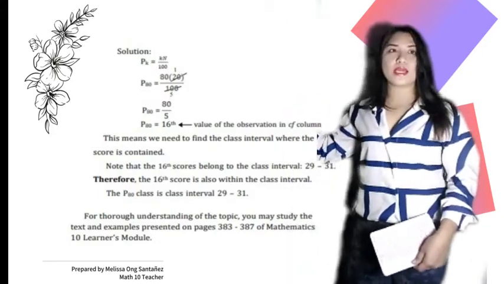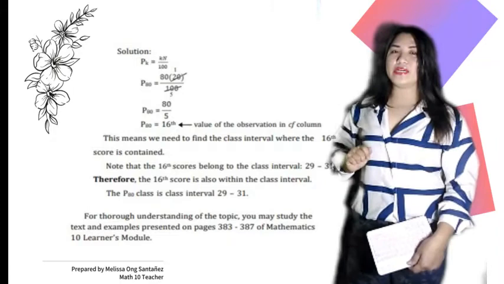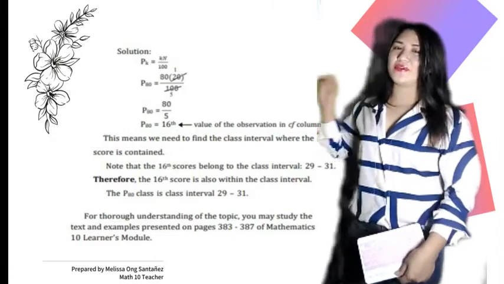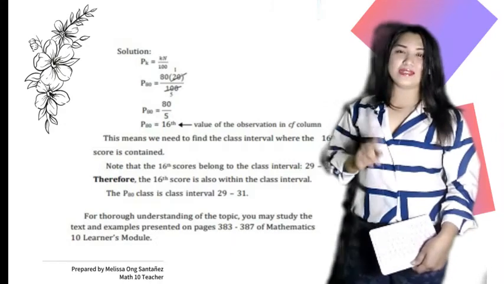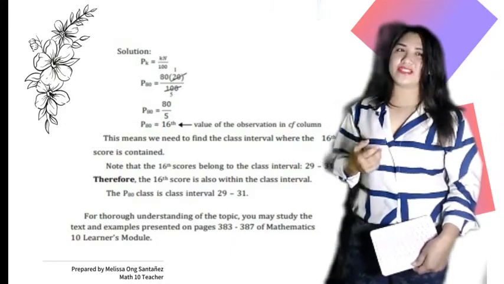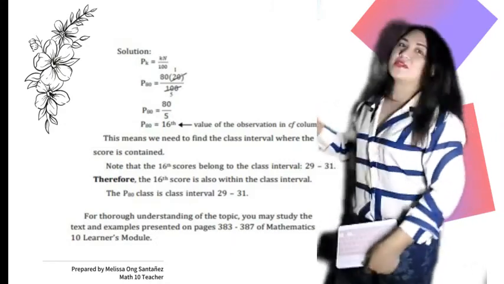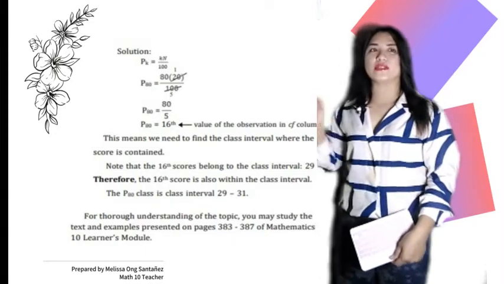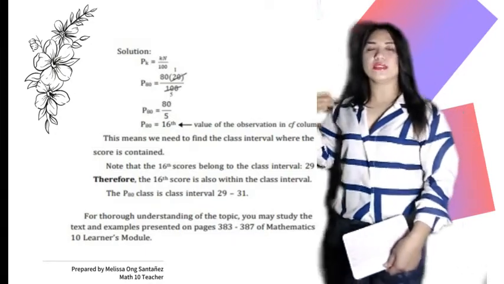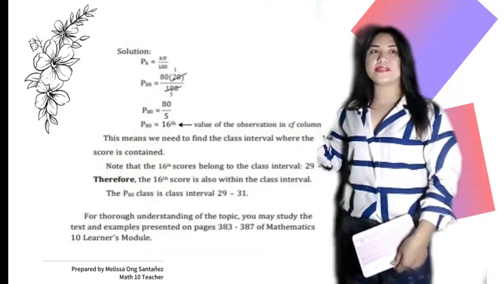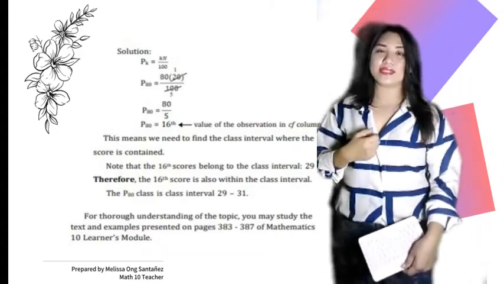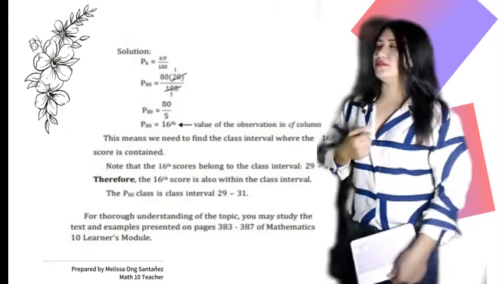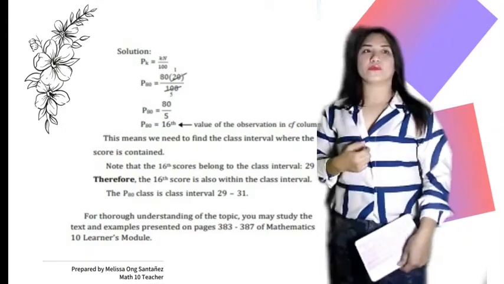So Pk is equal to kn over 100. Again, our divisor is 100 because we are talking about percentile, that means there are 100 equal parts. So that's why our divisor now is 100. Here N is the total frequency, and k is the nth percentile. We have different frequencies here.